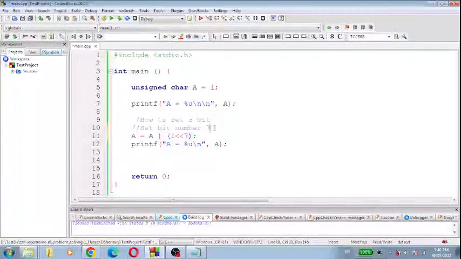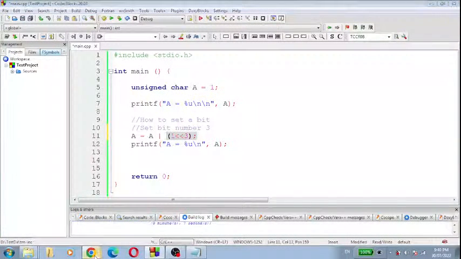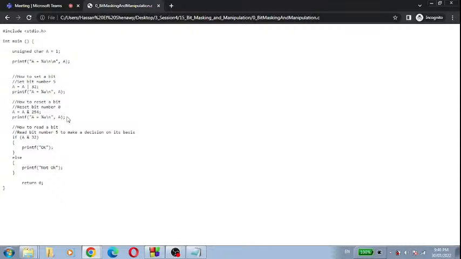When I'm going to set bit number 3, I'm going to write 3 here. So that's my mask. It's pretty easy actually. The same applies for the rest of our example.